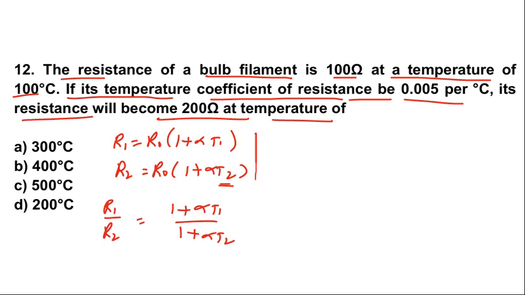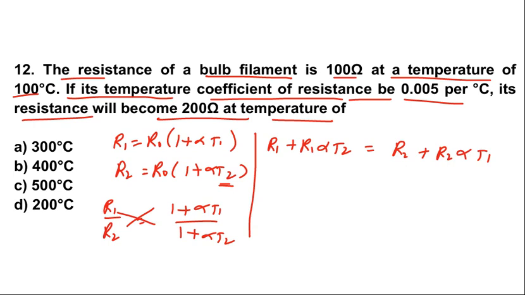Now do cross multiplication. R1 into 1 plus alpha T2 gives R1 plus R1 alpha T2, equals R2 into 1 plus alpha T1, that is R2 plus R2 alpha T1.